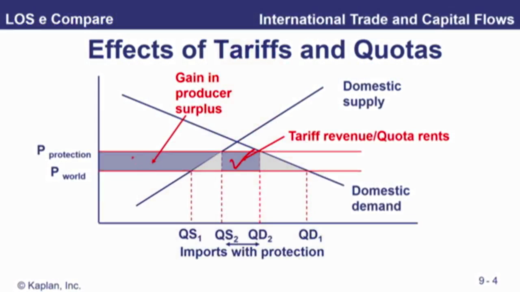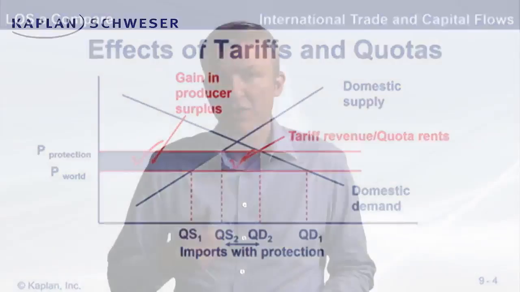Some of it has gone to the producer. But we still have two triangles of death, the lighter colored triangles. They don't go anywhere. They are dead weight losses. So dead weight losses go to nobody. It is a less efficient solution.